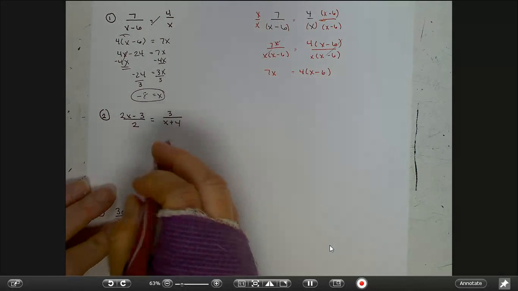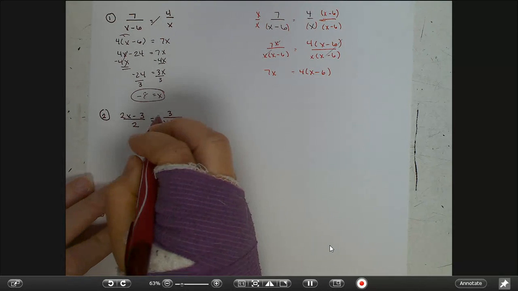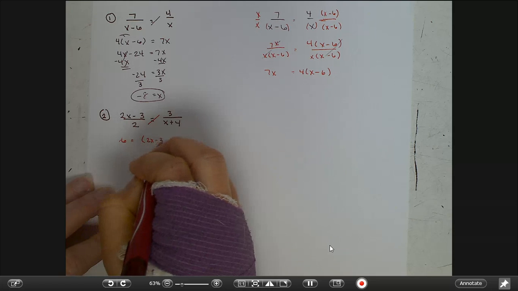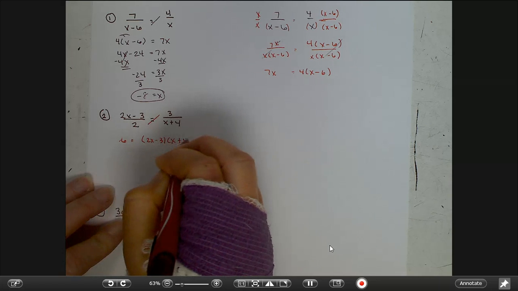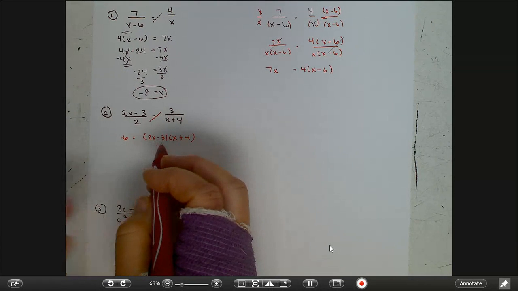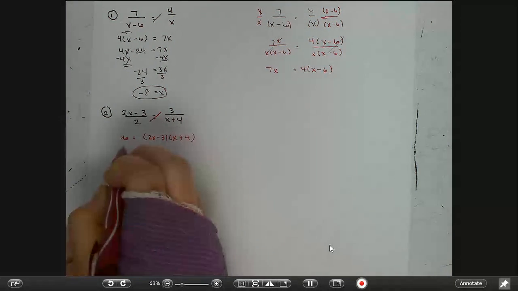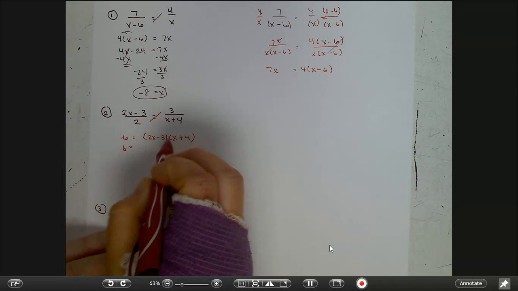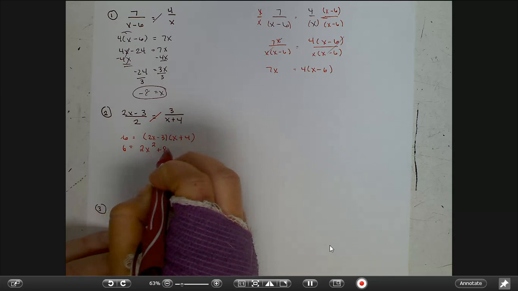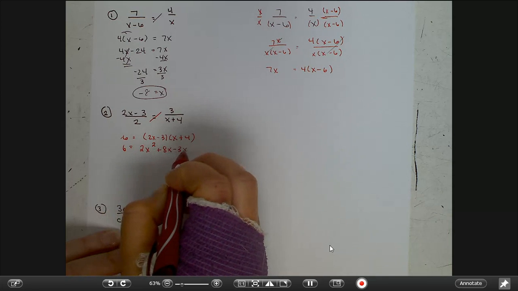Okay, so on this one, we're going to cross multiply 2x minus 3 and x plus 4. You need to use whatever method it is that you use, the box or FOIL, to do this. FOIL would be first, 2x squared, outside, inside, last.